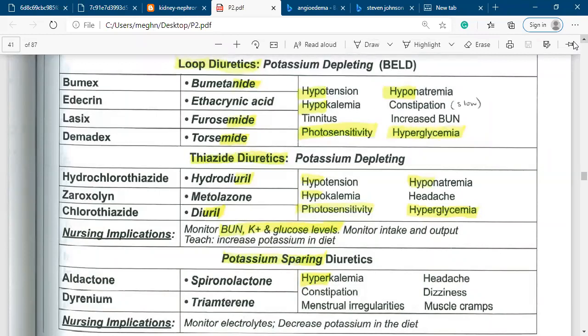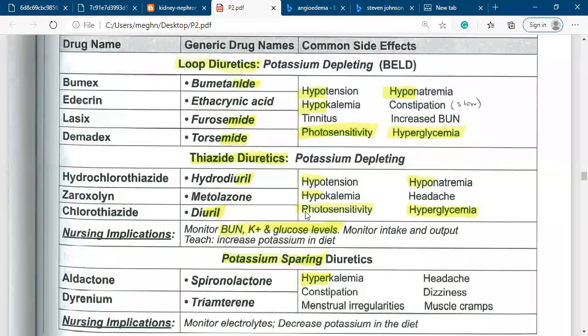What we have to know for the NCLEX board, I'm going to go one by one, and we are going to focus especially on side effects, especially of the loop diuretics and thiazide diuretics.